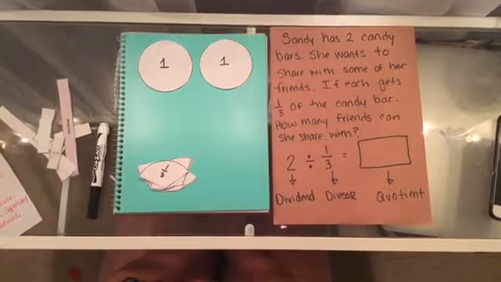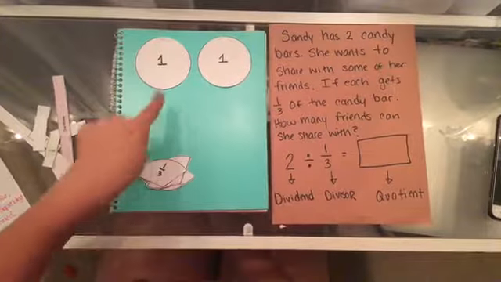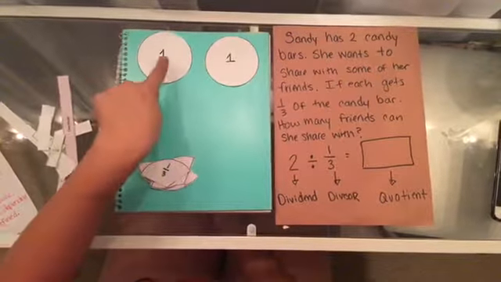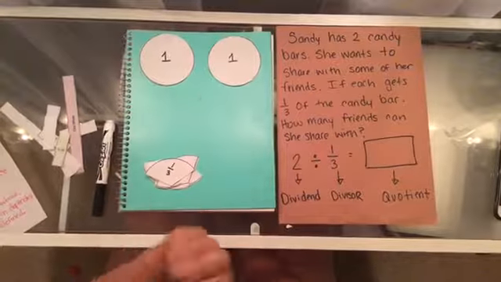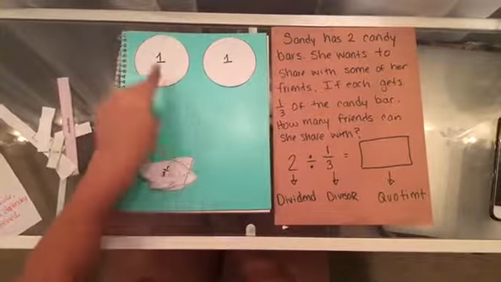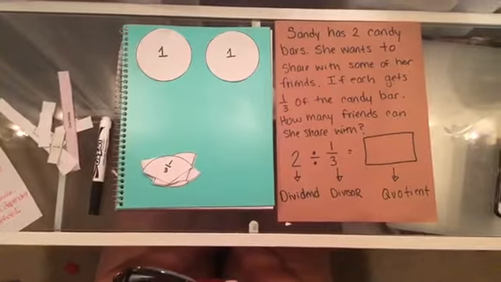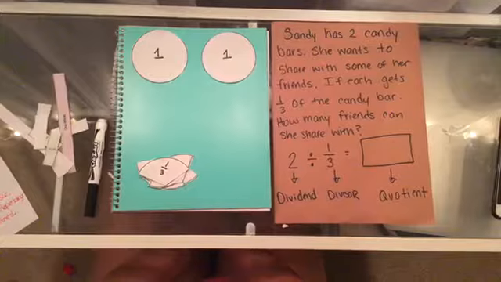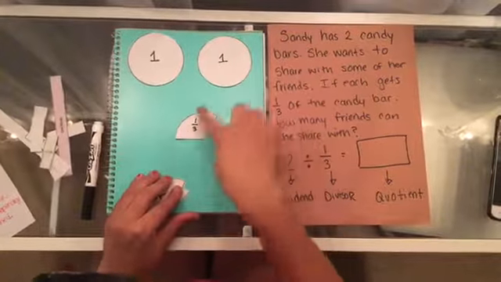So, going back to our problem, we know that Sandy has 2 candy bars. So here are one whole and another one whole. So 2 wholes. Since she has 2 complete candy bars, we have 2 wholes. And she needs to divide those into 1/3 parts. A 1/3 is a part of a whole.